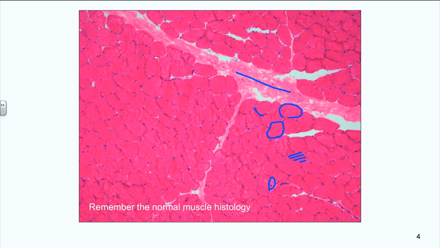There is a uniform distribution. The vessels are understated, without too much reactivity. And when we focus on the cytoplasm, the myofibers do not show any inclusions or irregularities. So this is exactly what we keep in mind when we are looking at a muscle biopsy that is abnormal.